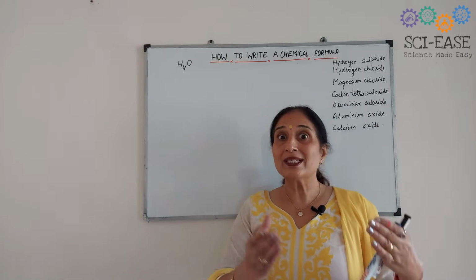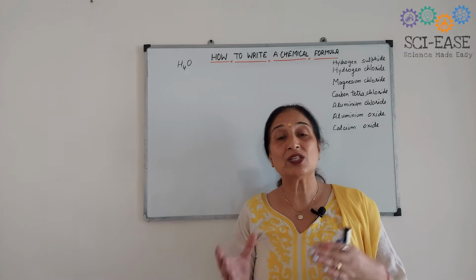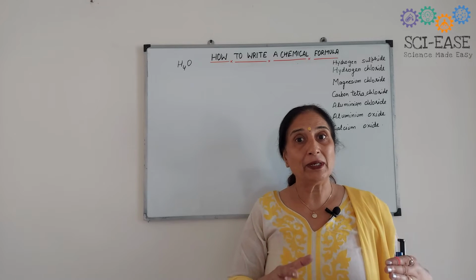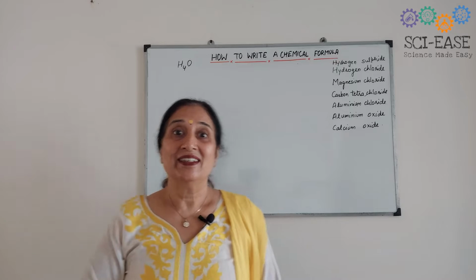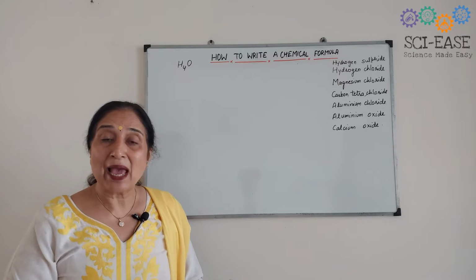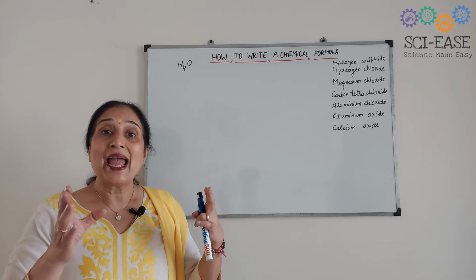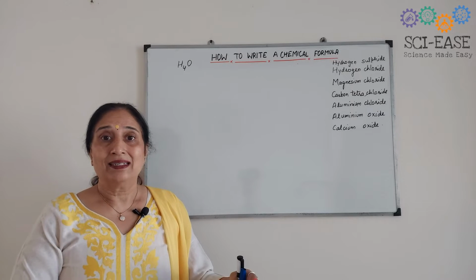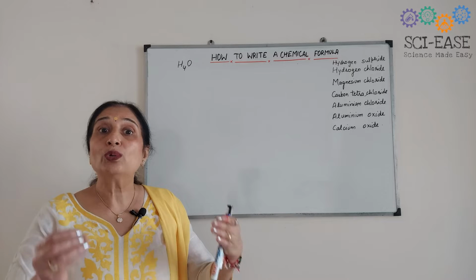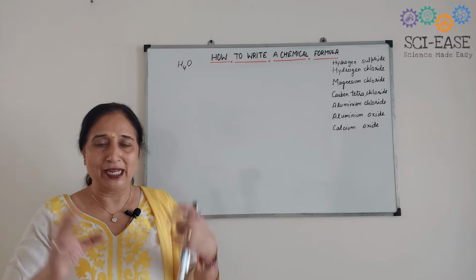That is, we use symbols for the elements which are present in that particular compound. So, here we will take some examples to understand how to write the chemical formulae.